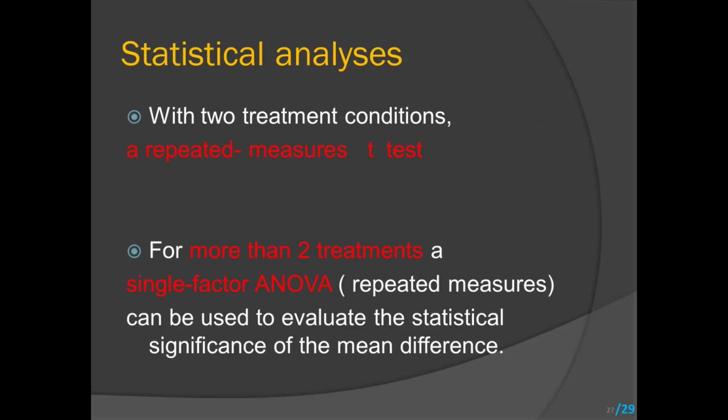The statistical analysis that we use to do a within subject design or repeated measures depends on how many treatments we have. If we have only 2 treatments, we use a t-test for repeated measures or paired samples, and if we have more than 2 treatments, then we use a single factor ANOVA for repeated measures.